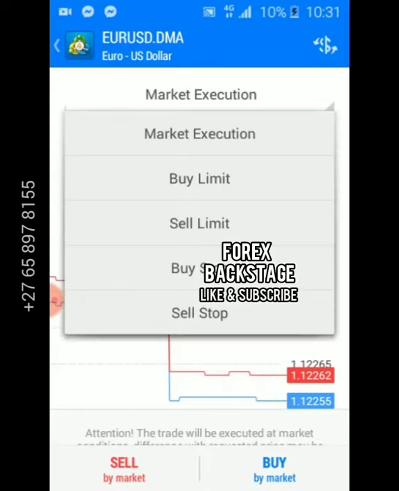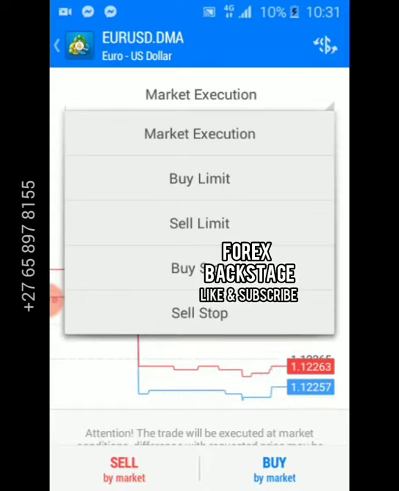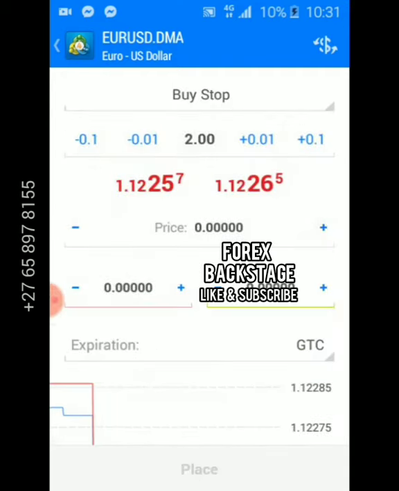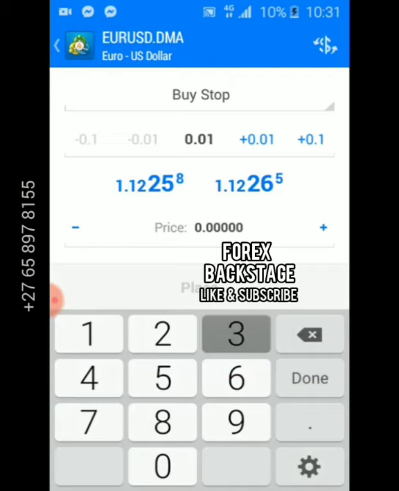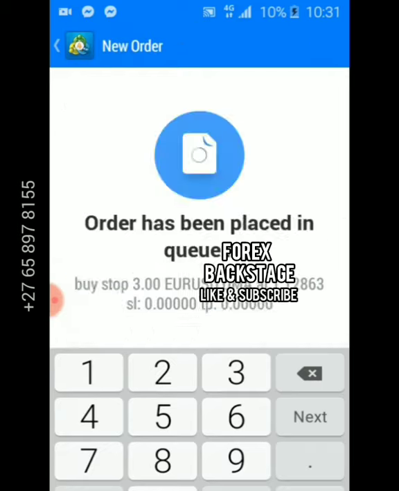1.12863. It's going to be a buy stop. 1 point at the lot size of 3. 1.12863. Then I'll write it here. This is my pending order number 1.